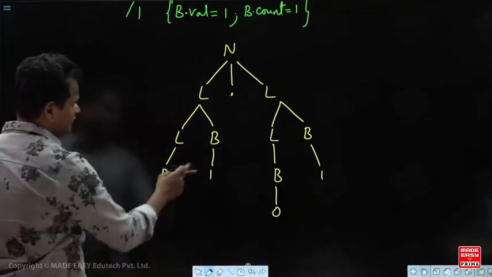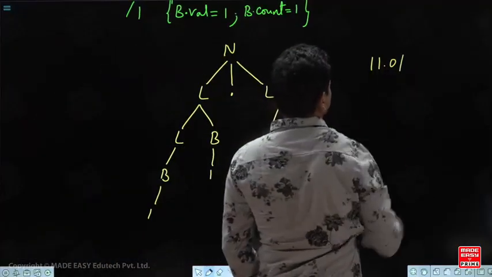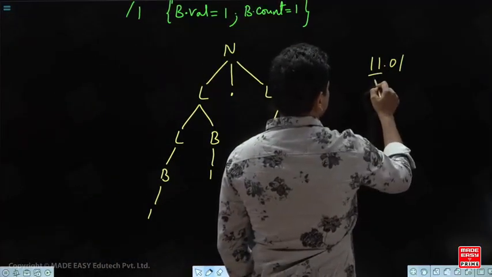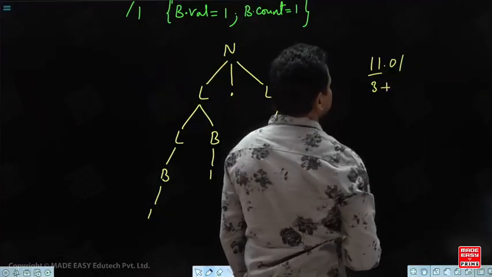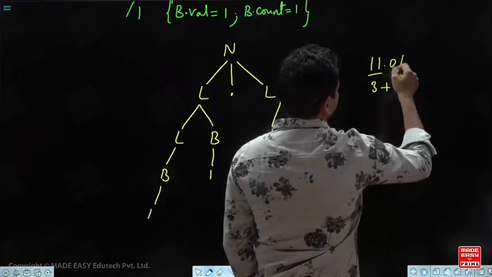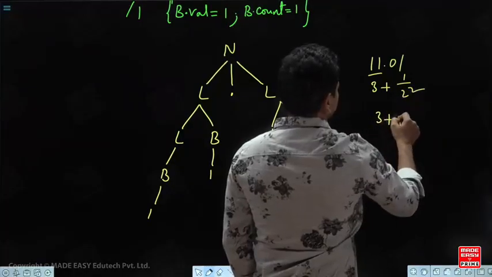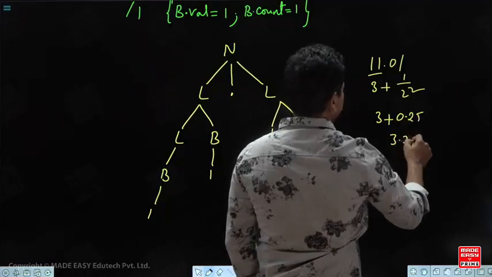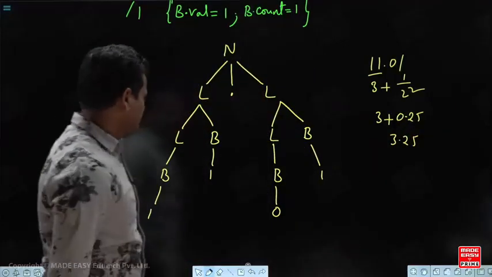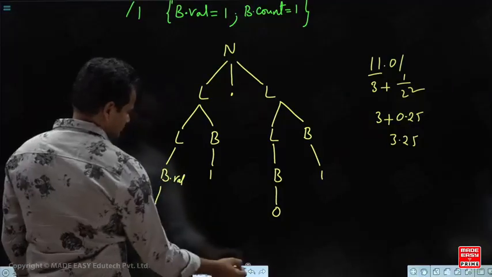What is it here? 11.01. So this is 3, and this is 0.01 value, which is 1 by 2 squared, so 0.25. So 3.25 should come.